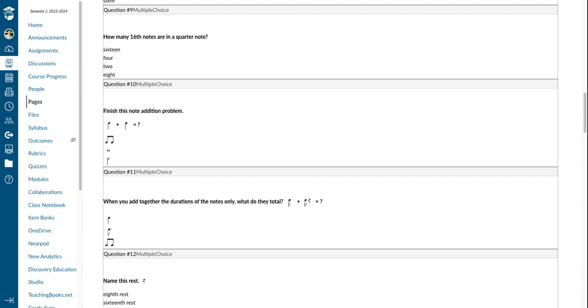Number 11, when you add together the durations of the notes only, what do they total? So again, we have an 8th note plus a 16th note. Okay, so again, you're going to have 50 cents plus 0.25. You're going to have 0.75, or you're going to have 3/4 of a beat.